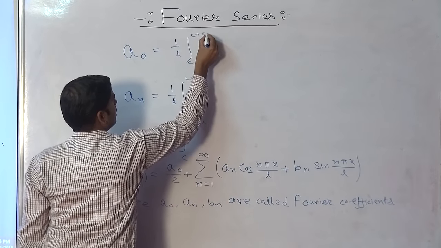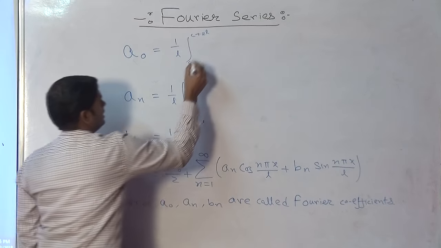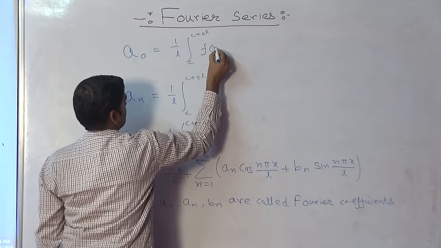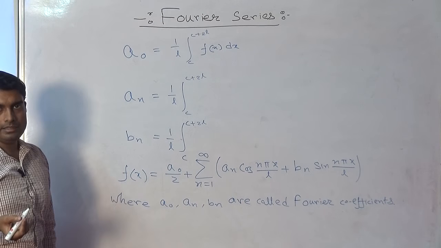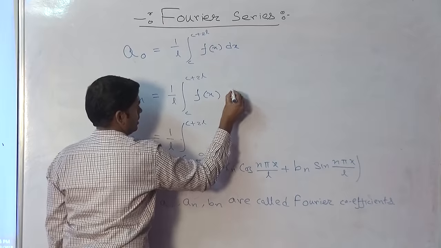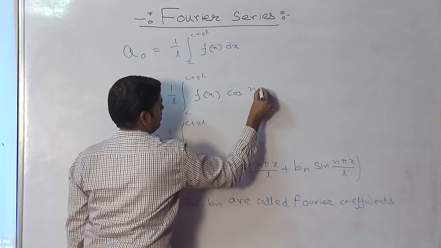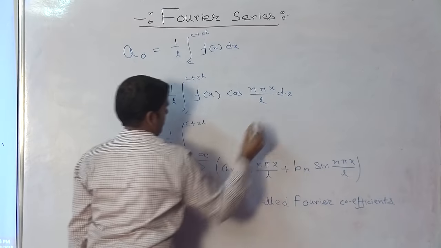For the first coefficient a0, only integrate the function f(x). For an, integrate this function f(x) into cos of n pi x by L dx.